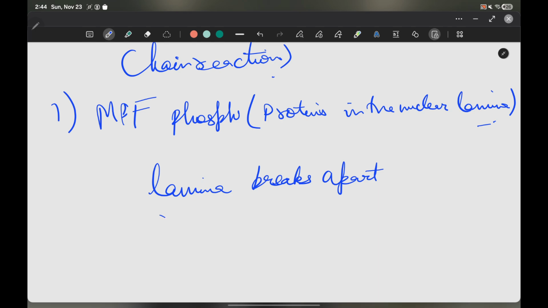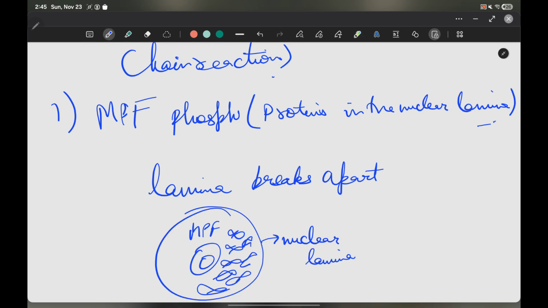For example, this is a nucleus, this is the cell, this is the nuclear wall, the membrane of the nucleus. When the nuclear lamina breaks, it breaks the membrane also. It is done by adding phosphate groups to more proteins. This process happens in the phase of pro-metaphase.